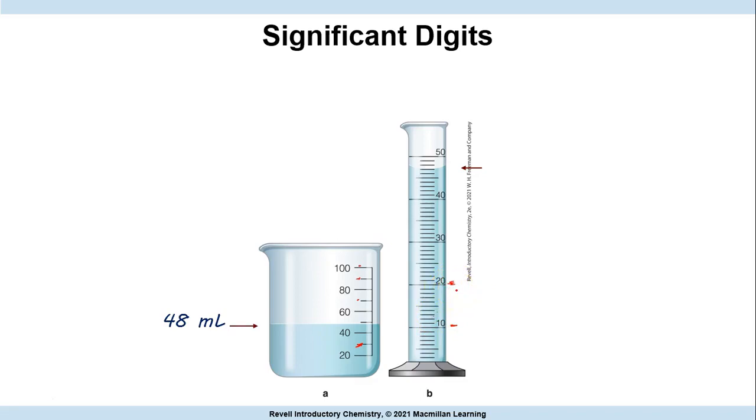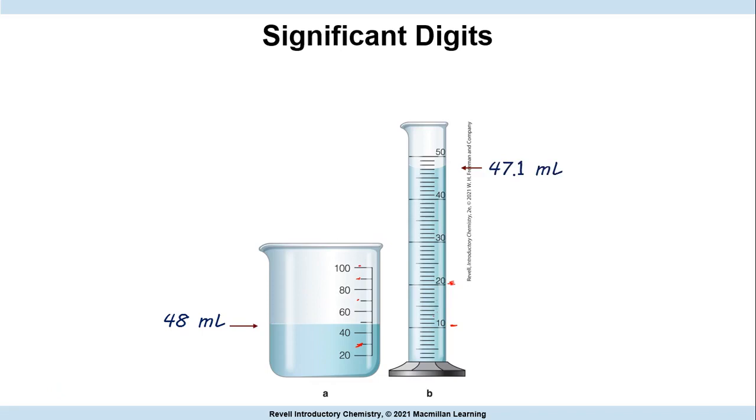So each graduation is a milliliter. Now, if you have to read out this volume here, between 40 and 50, it's going to be at position 40, 41, 42, 43, 44, 45, 46, 47. You see that it is not directly on 47. It seems to be a little bit above 47, so you could say it's 47.1 milliliters.